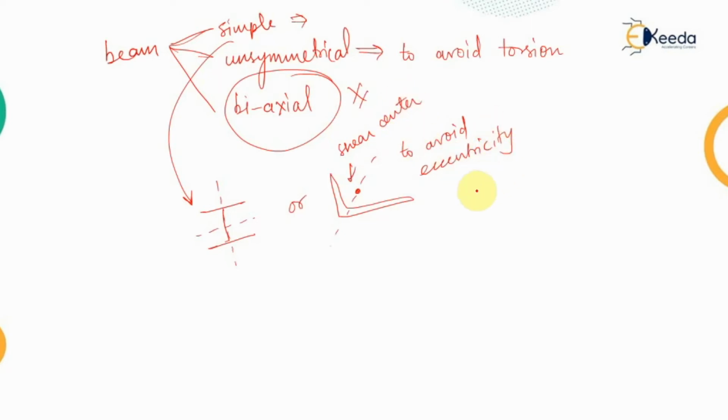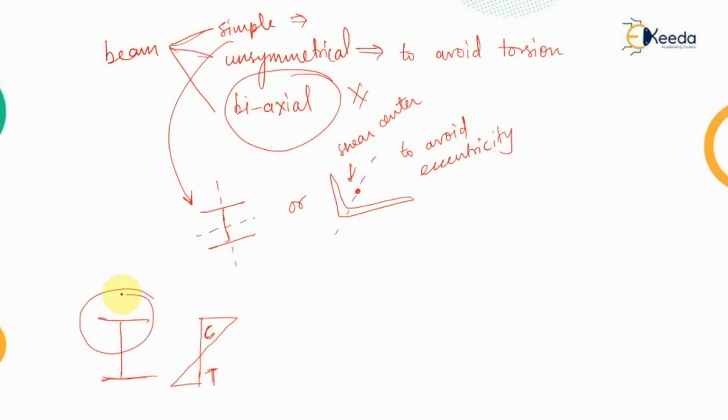But it may not be possible to completely avoid the torsion, because whenever we are providing an I section or any other rolled steel section used as a beam, we know that under the transverse load the beam acts in this manner. That means the top portion is in compression while the bottom portion is under tension.